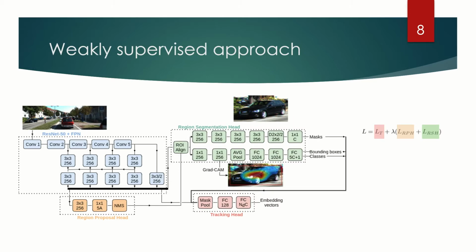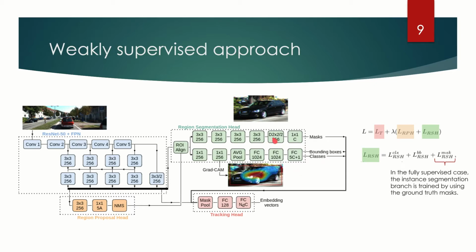To train MOTSNet, we use a loss that is the linear combination of losses of the modules it is composed by. The total loss is the combination of the tracking loss, the region proposal head loss, and the region segmentation head loss, with a regularization parameter lambda. The region segmentation head learns the tasks of classifying, detecting, and generating pixel-wise masks for each object instance.